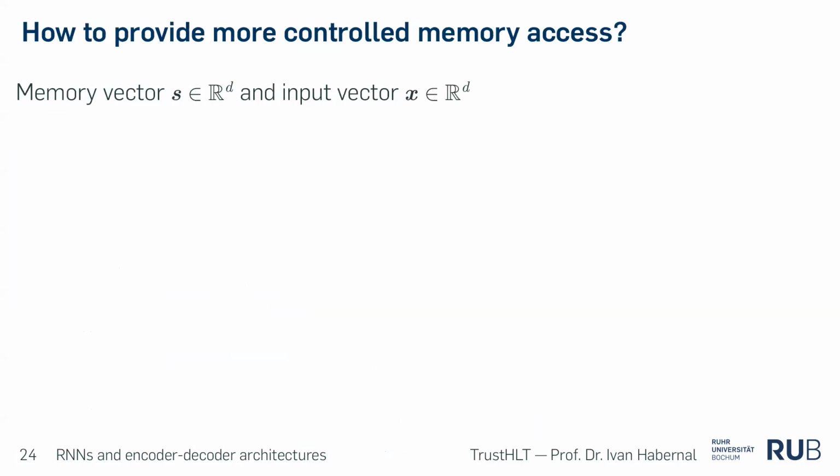So let's have a memory vector of dimensionality D and an input vector of the same dimensionality. This is a very simple example. So a bunch of numbers and a bunch of numbers. And let's also have a binary vector, which we call a gate. Why gate? You will see in a second. And these will be binary numbers.